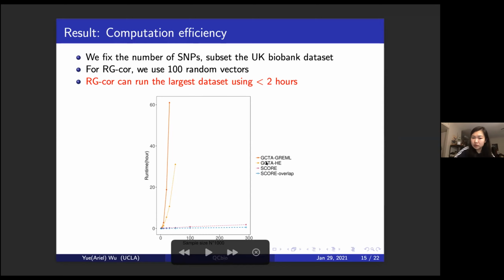GCTA GREML is a maximum likelihood method, which we described earlier, and is the most accurate method. GCTA also has a method of moments version, called GCTA HE, but it does not use the estimator for the trace of K squared, so this is where the computation burden comes from. Our method could run on the full biobank data within 2 hours.